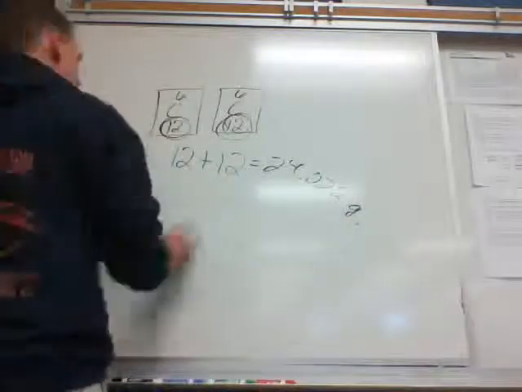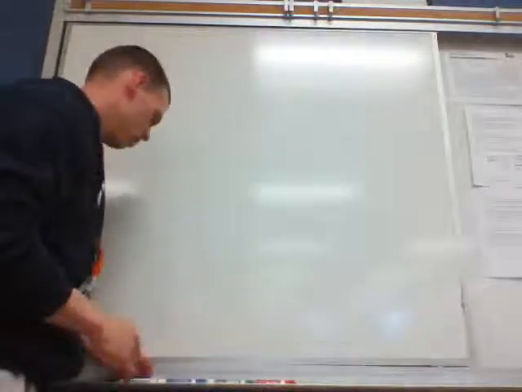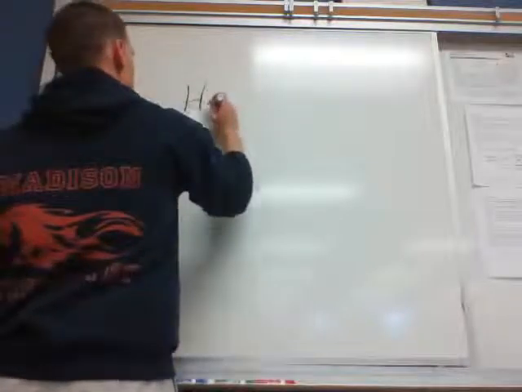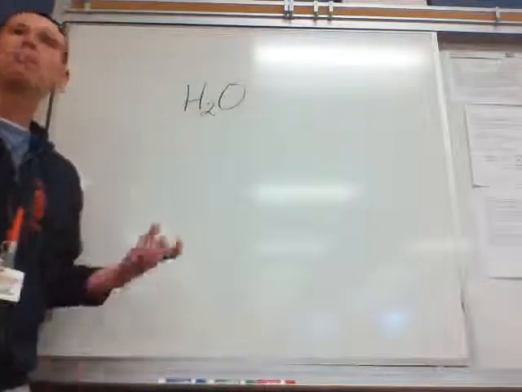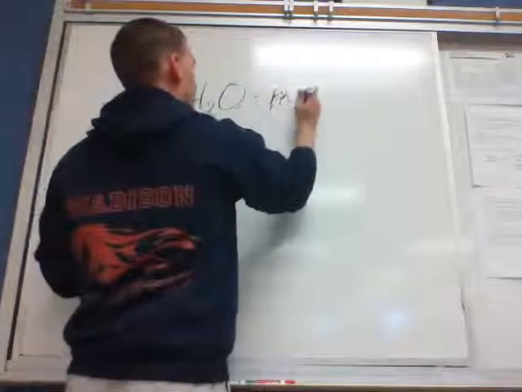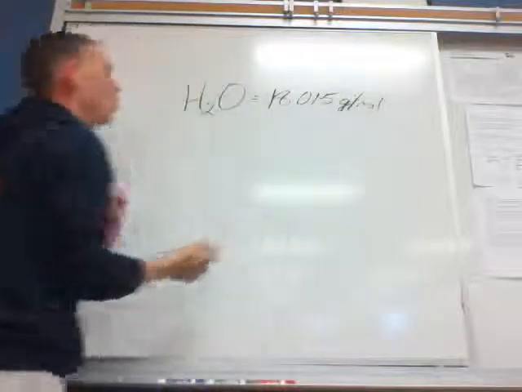Now, if I talk about moles of a compound, it works the same way. Like water, for example. Well, that's 1 mole of water. It has a mass of 18.015 grams per mole.